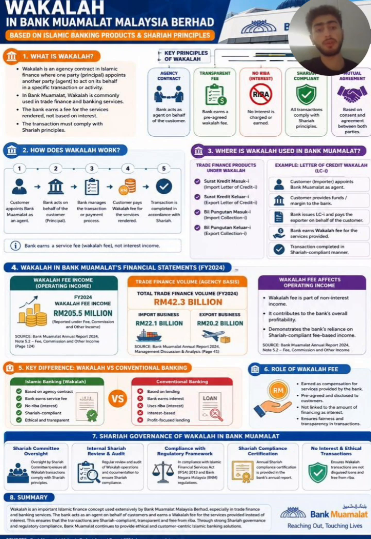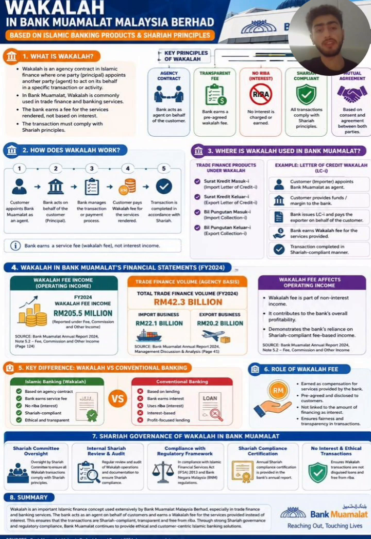Bank Muamalat also follows the regulatory framework established by Bank Negara Malaysia and other Islamic finance standards. By following these regulations, the bank can provide customers with confidence that its services are both legally and Islamically compliant. Another important aspect is Sharia compliance certification.